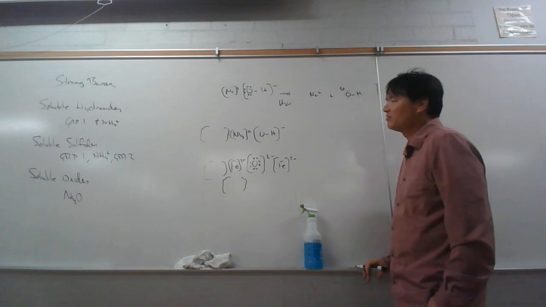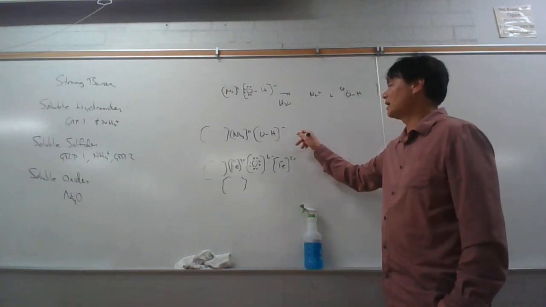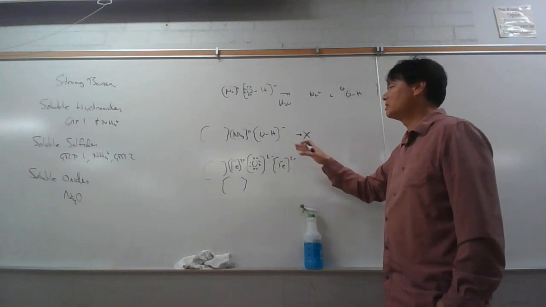These aren't going to be as effective. And the reason they aren't going to be effective is because the ions are locked in the lattice. This is insoluble. And so it doesn't split apart.